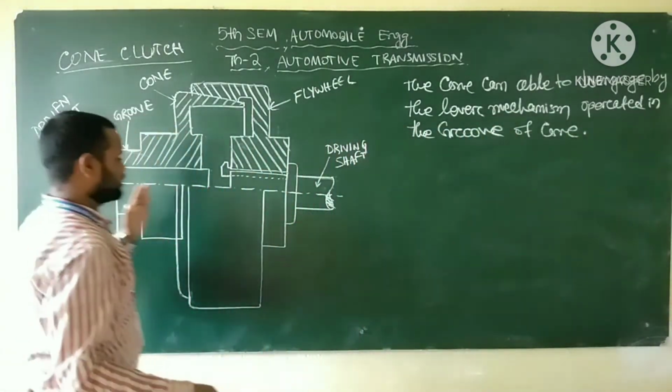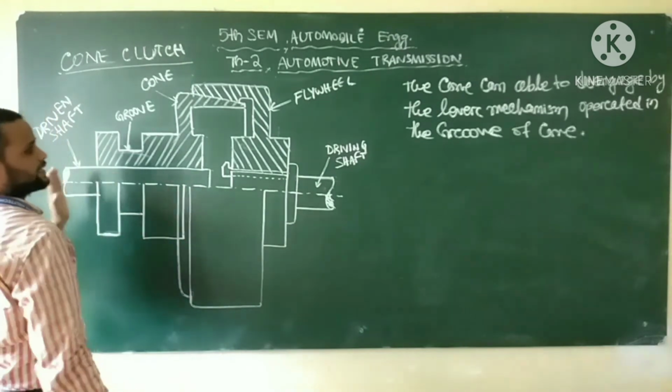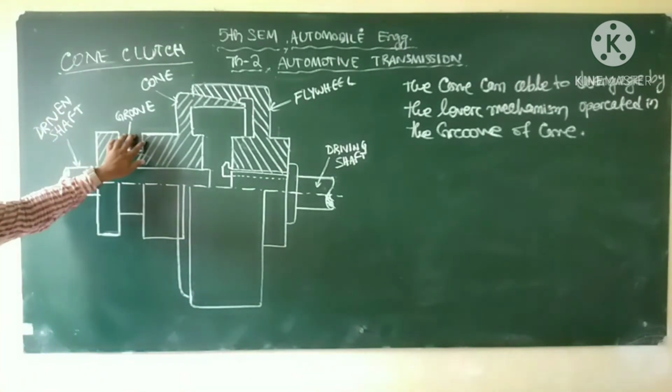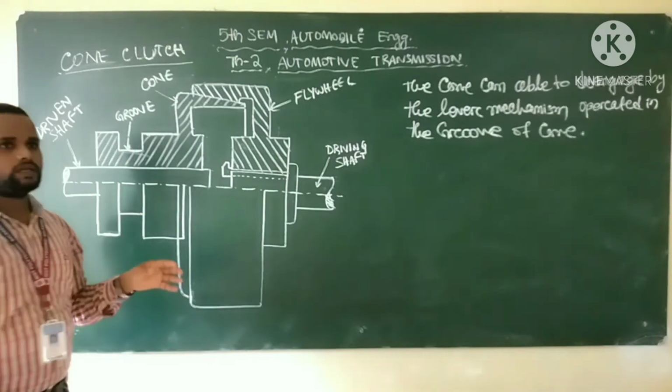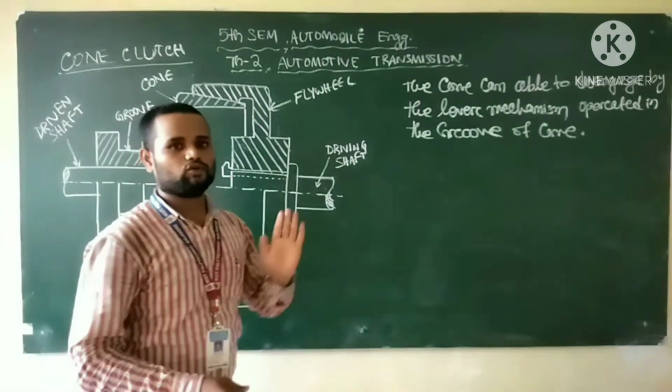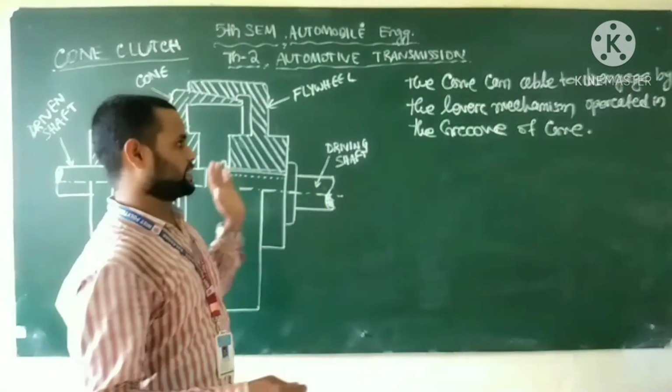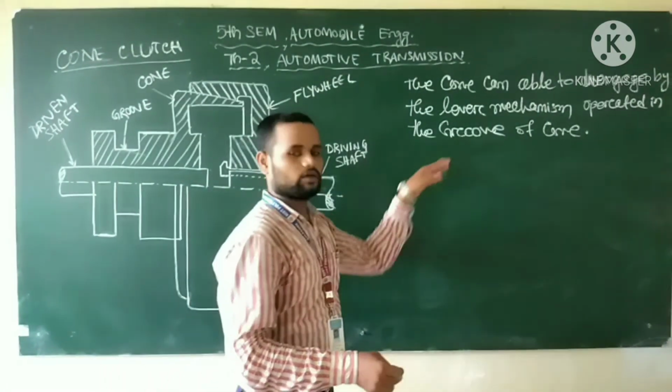So for engagement and disengagement, there is a groove. With the help of this groove and lever mechanism, the cone is able to engage and disengage. So this is the first point complete.